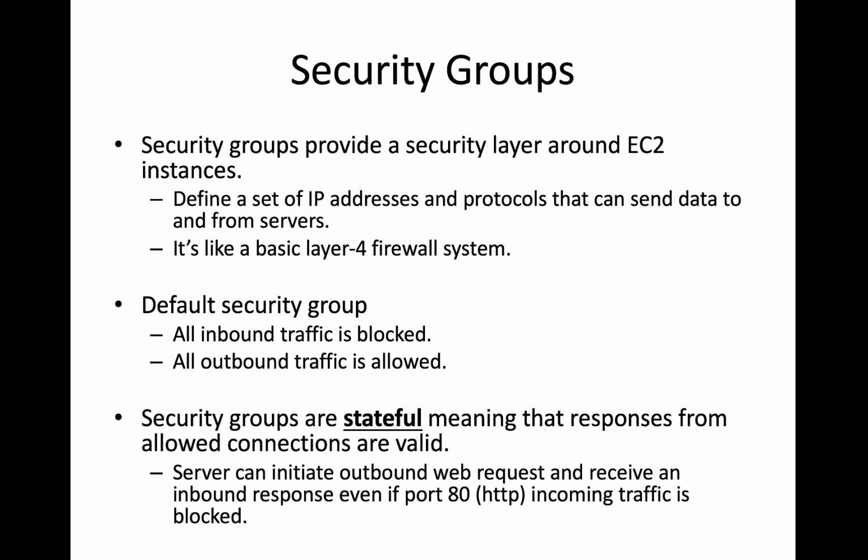Now, if you launch an EC2 instance and you use a default security group, then by default, all of the inbound traffic to that EC2 instance is going to be blocked. And all of the outbound traffic from that instance will be allowed. So essentially, if you were to launch an instance using a default security group that you hadn't customized, then nothing would be able to communicate into the EC2 instance, but an application that's running on the instance would be able to communicate out.